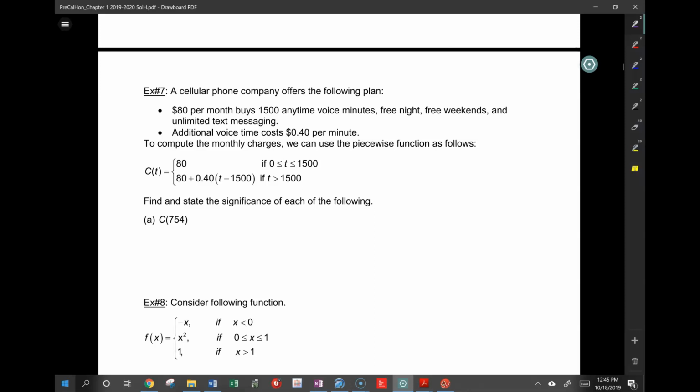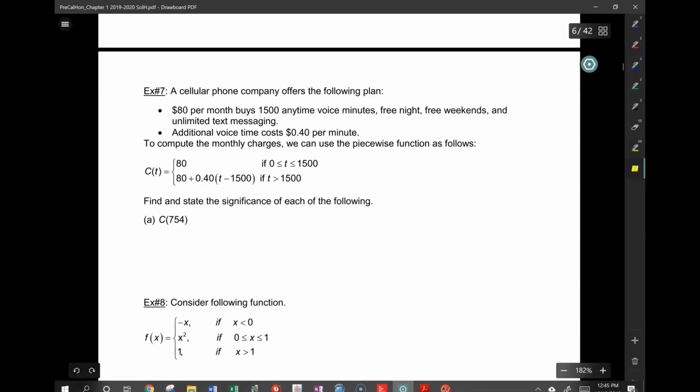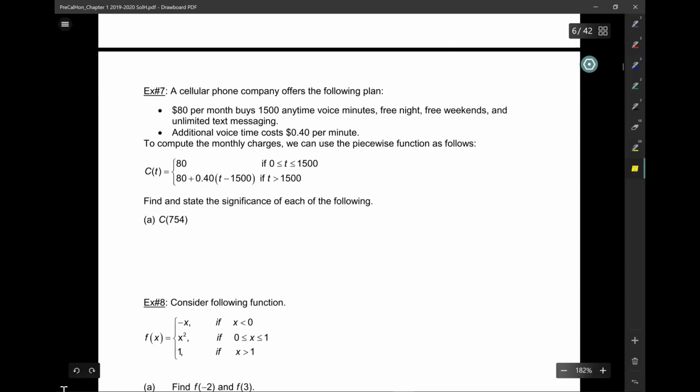Okay. So there were these complicated plans. Here's how the plans worked. $80 a month. You got 1,500 anytime voice minutes. And then free night, weekends, and unlimited texting. So once you were done with the 1,500 minutes, each additional minute costs 40 cents. Okay?